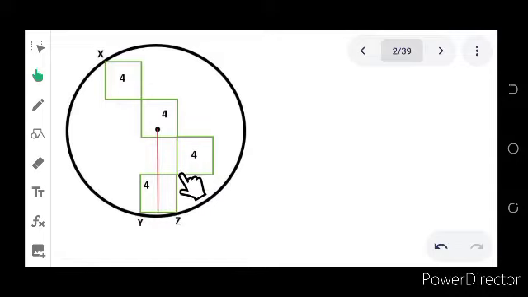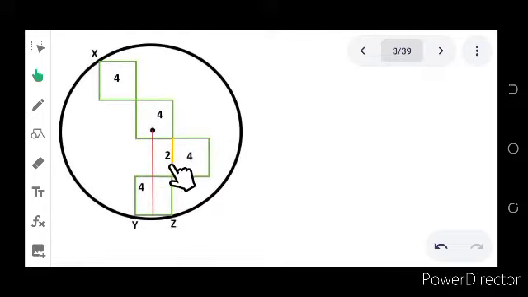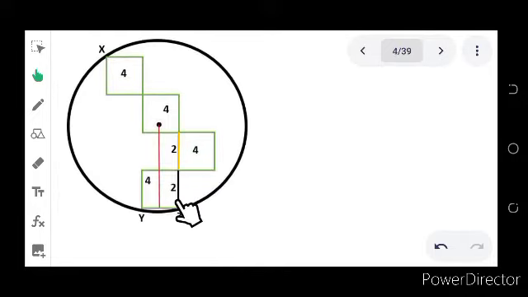Remember that one square has an area of 4 square units. That means one of the sides measures 2 units, so that's why you have 2 here. This is also a side of a square having an area of 4 square units, so this is also 2.